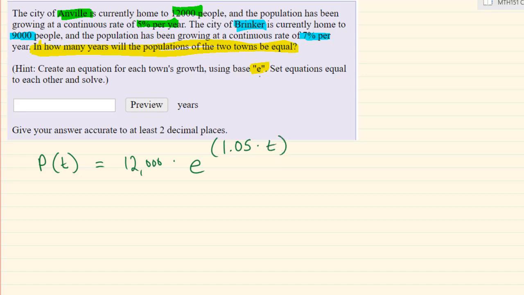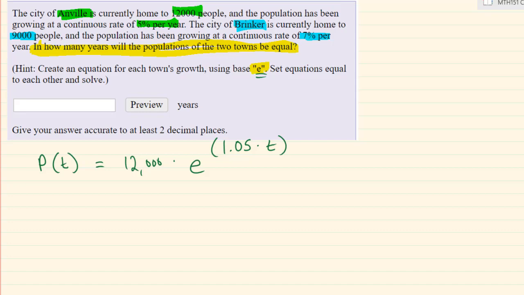Now we're using e because they told us to up here that it's an exponential growth, but the 1.05 means 5% growth each year. So the 1 means you maintain your current population and the 0.05 represents 5% growth. So this is the population of Annville at time t.